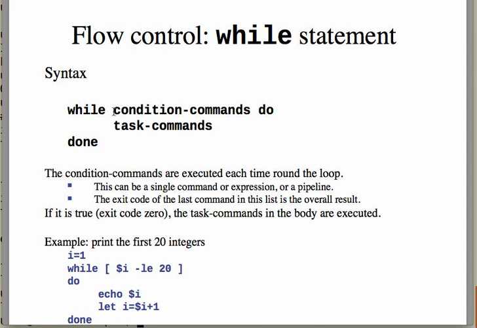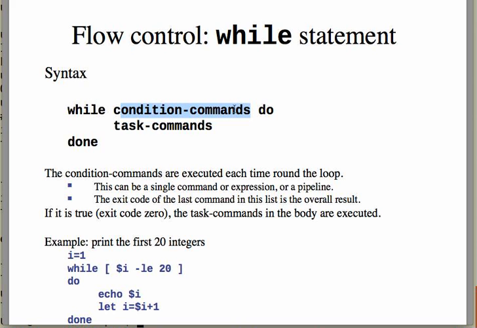It's the exit code of the very last command in this condition command that is the overall result of this condition. If that is true, then you execute the task commands, and eventually you get through, you go around again, and then test these conditions again.